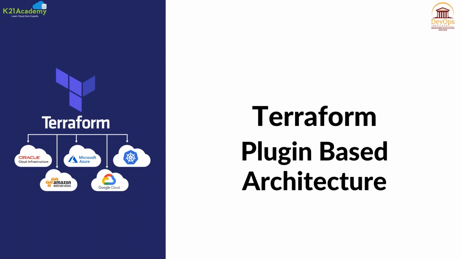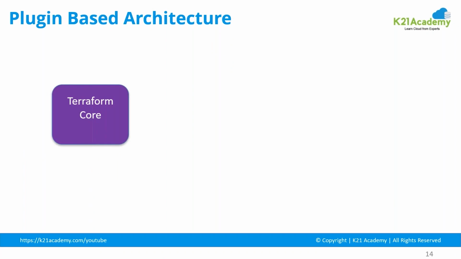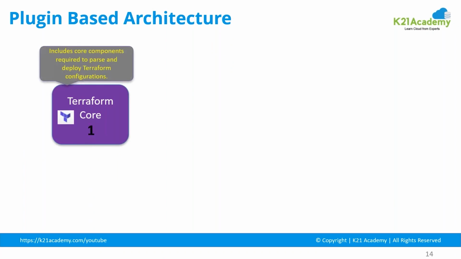So how is that going to be there, and once you have configured it, how does the communication happen with your login credentials and all? That is where your Terraform plugin based architecture comes into the picture. Right now, you have got the Terraform core in place. That is the first component, which is basically the compiler used for parsing your Terraform configuration.